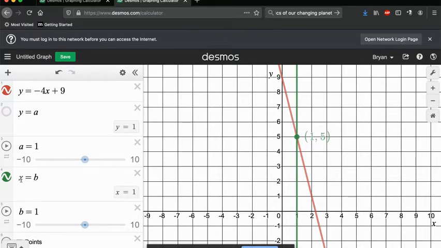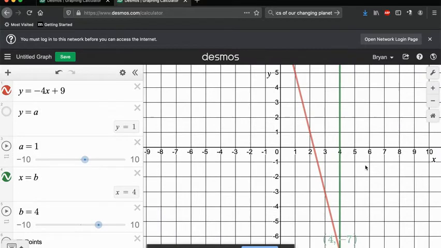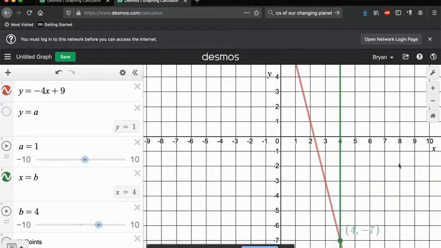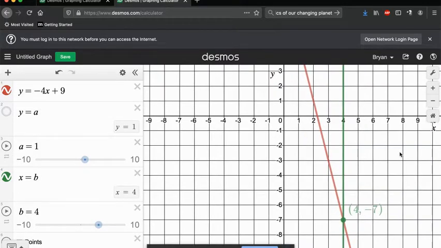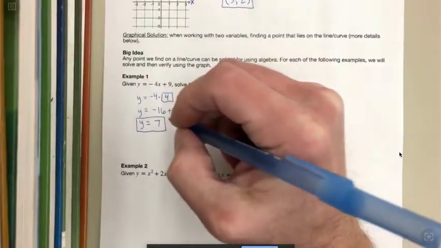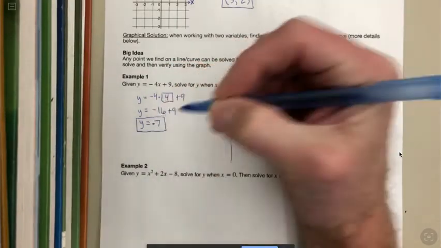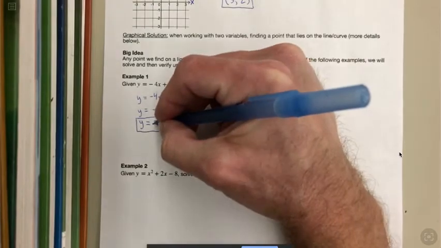I'm going to use my slider here, and I'm just going to go to x equals 4. I can't see it right now. It's definitely below that, so I'm just going to click and drag, or you could always use your zoom option. And notice, oops, it should have been -7. Silly me.